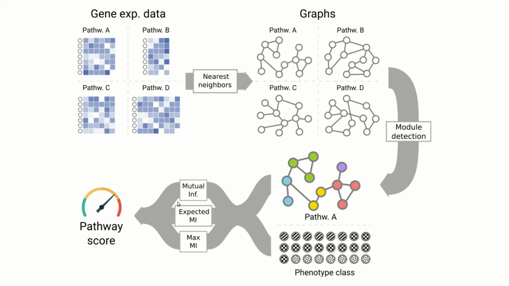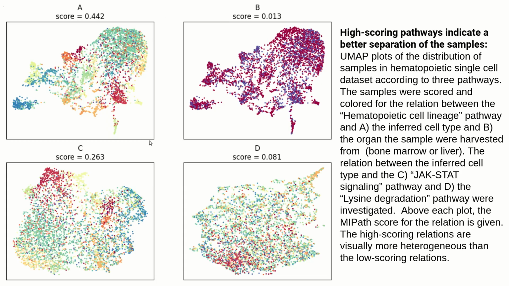And these we calculate because we want to now have a pathway score that goes from 0, which will be the expected mutual information at random, to 1, which will be the maximum mutual information that we can achieve using these two distributions. And this makes a score that goes from 0 to 1, and that can be compared across multiple experiments.